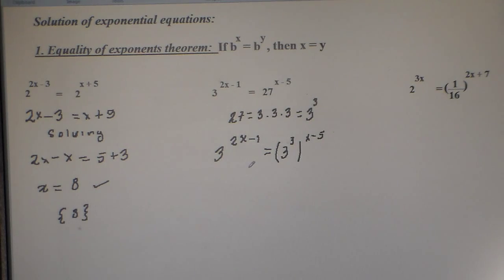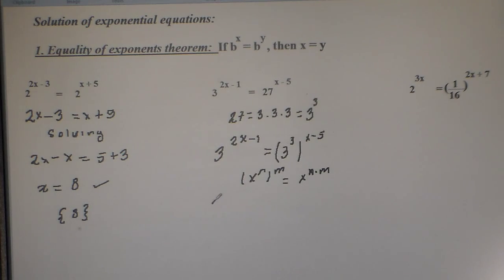Remember that we have a property of exponential expressions that if we have x to the m, to the n, you multiply the exponents and you get x to the m times n. Then this is what I'm going to do in this case. I'm going to multiply 3 times x minus 5.